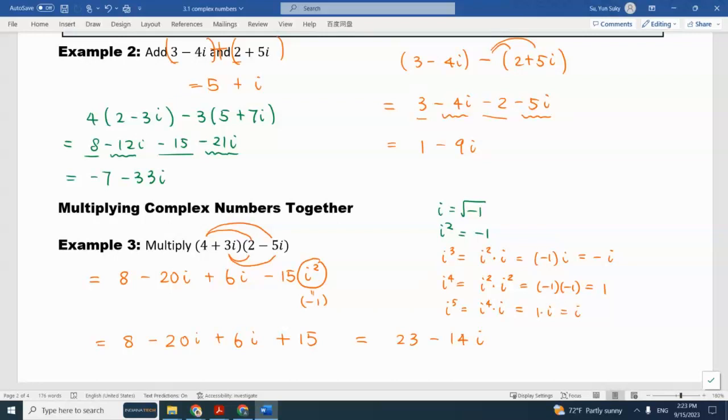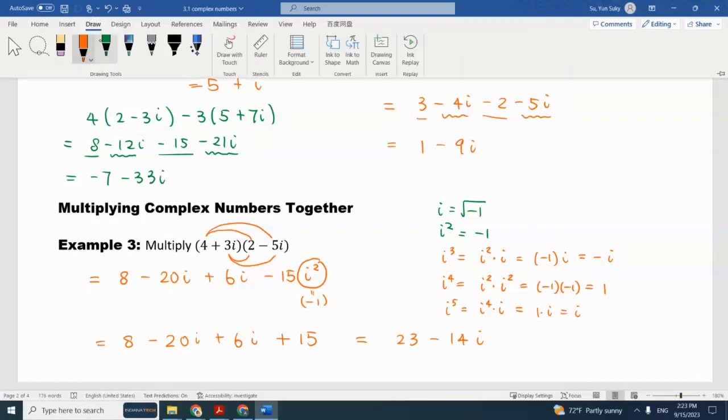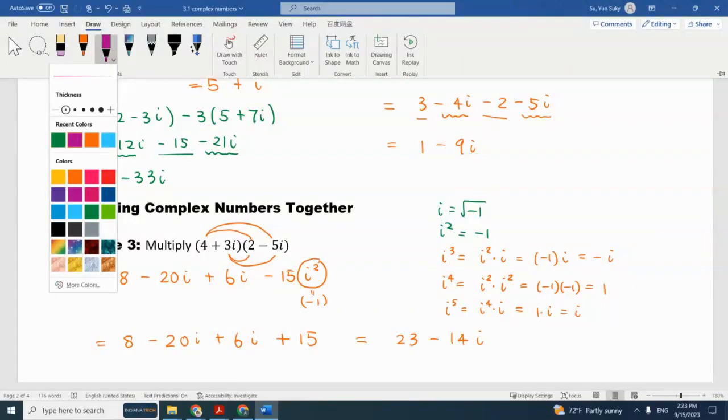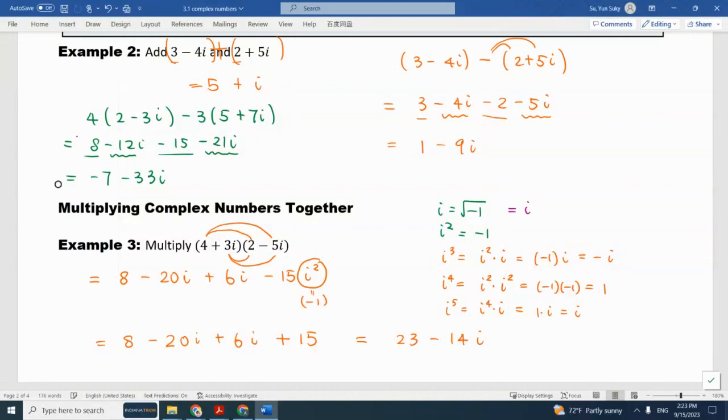I to the 9th, go back. You see that circle? It's just a pattern of 4. So if you understand the pattern, then you can conclude that I to the power 4k plus 1 looks like this. K is any integer.